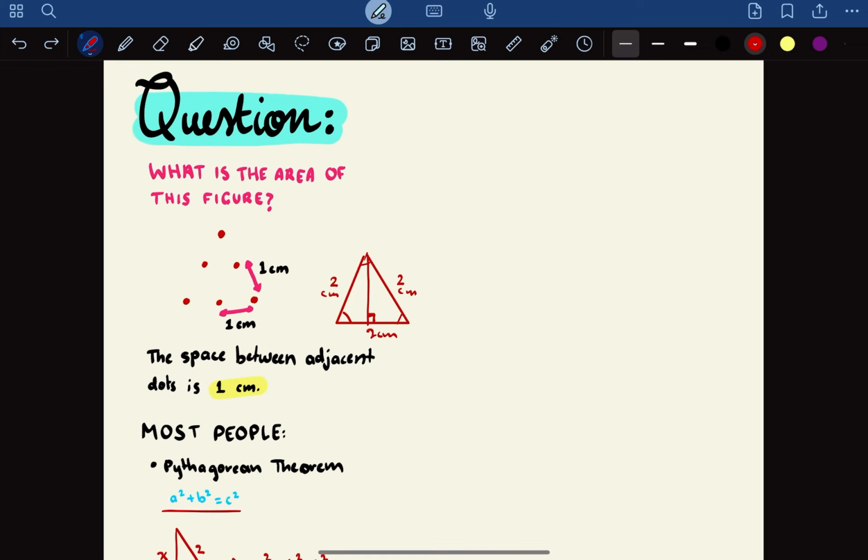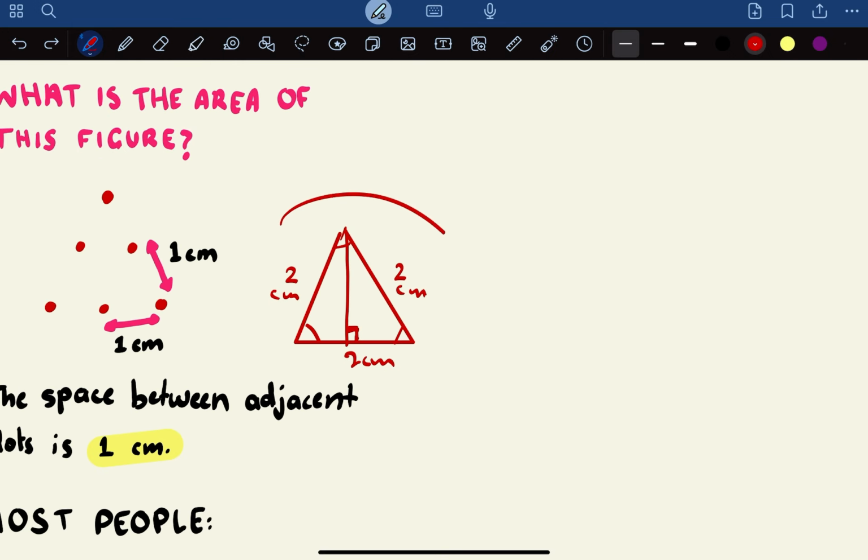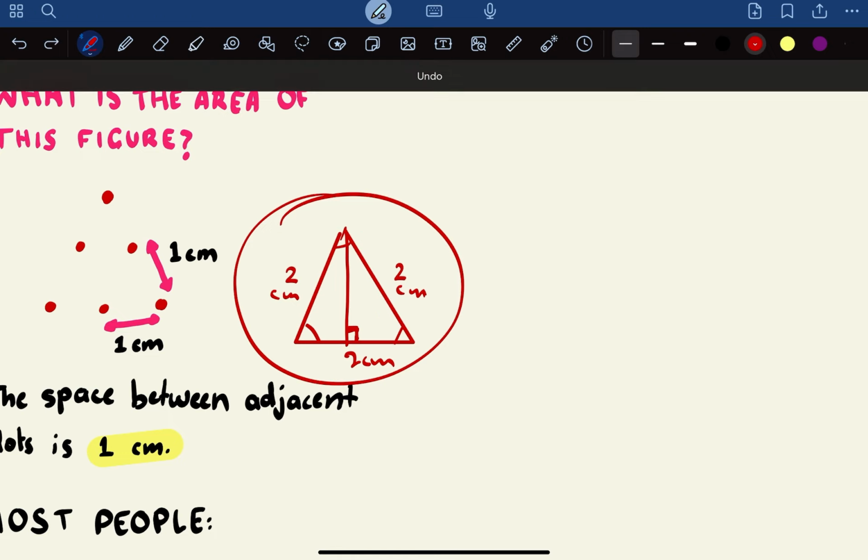But what if I told you there was a way to calculate the area without using the Pythagorean theorem? In fact, let's forget that this ever formed a right angle over here. How would we do that?